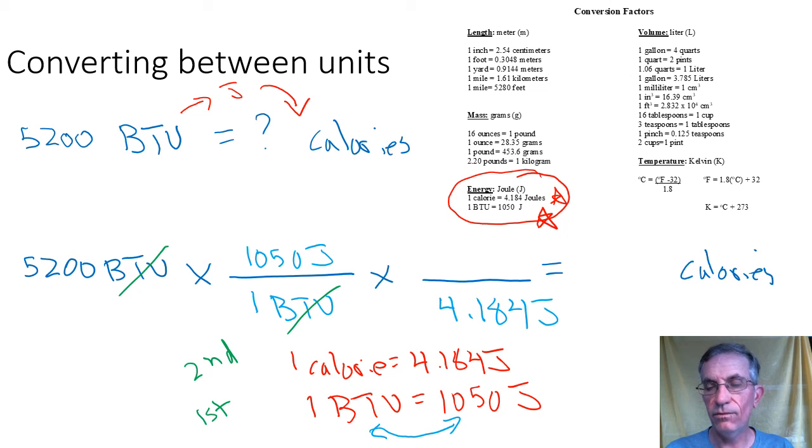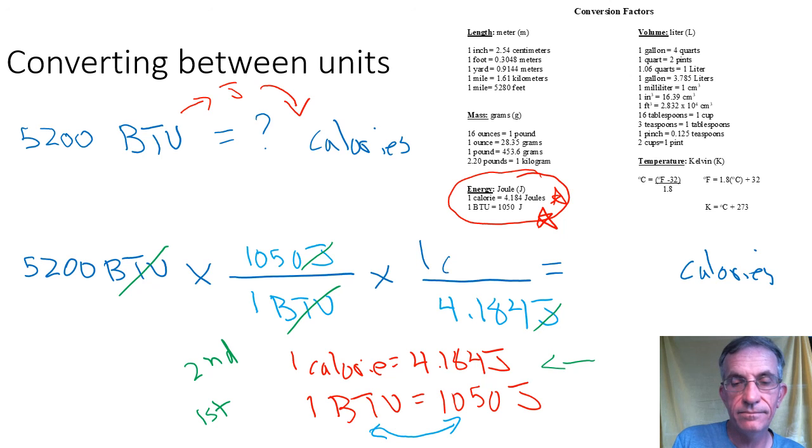And what would you put on top? You would put the 1 calorie on top. So joules will now cancel, right? And then we're using this top conversion factor. So if we put 4.184 on the bottom, you would have to put 1 calorie on top. Okay. Does that look right? Oh yeah, that looks right.